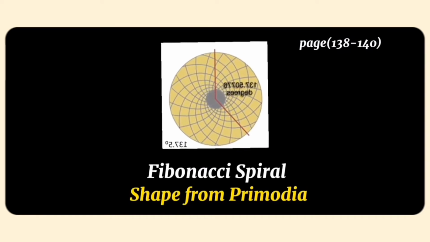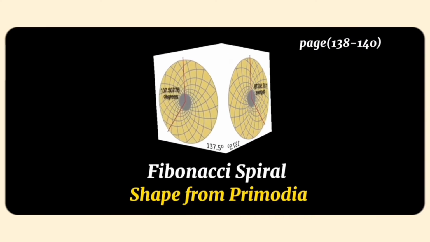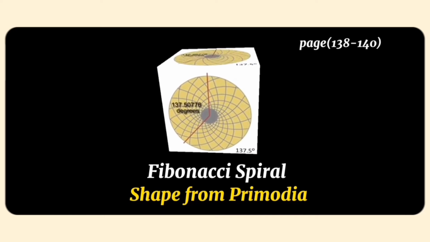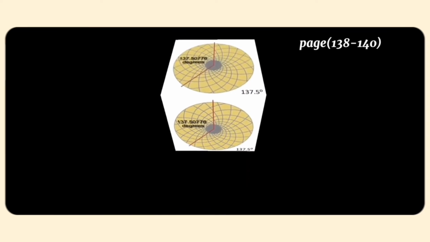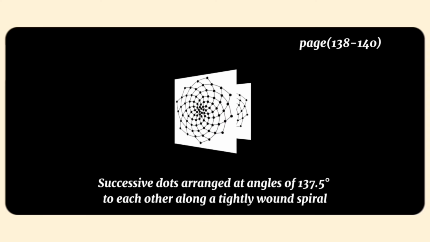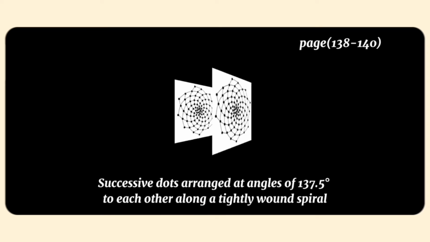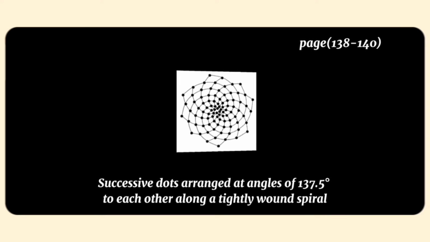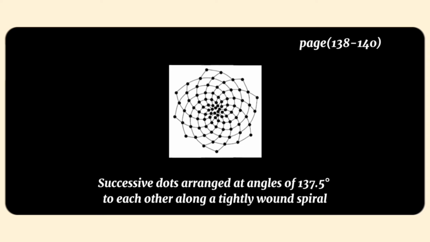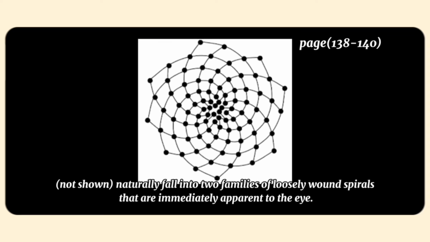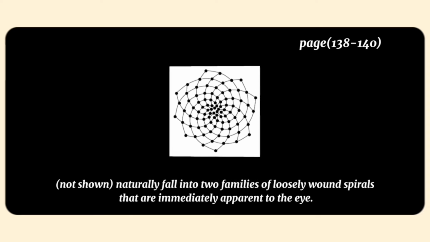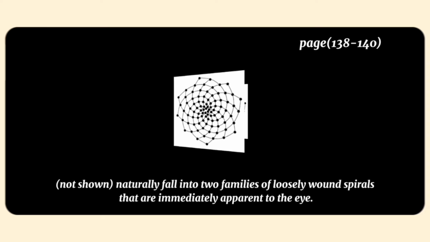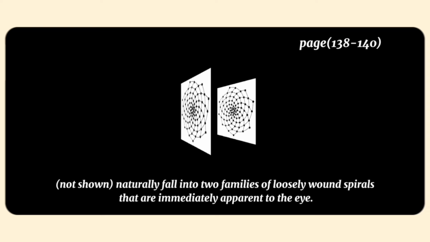The general arrangement of the main features of the plants is laid down as a deformed Fibonacci spiral from the primordium. Successive dots are arranged at angles of 137.5 degrees to each other along a tightly wound spiral that naturally falls into two families of spirals that are immediately apparent to the eye.